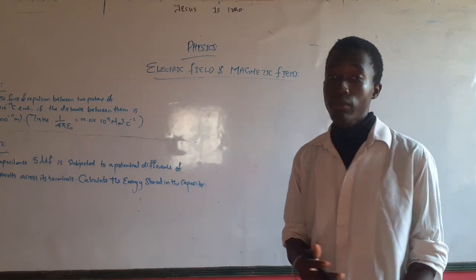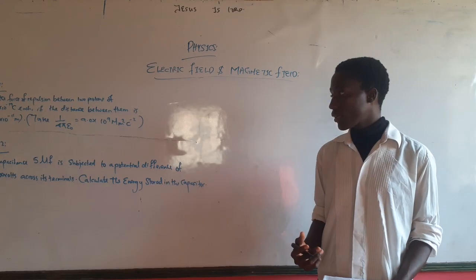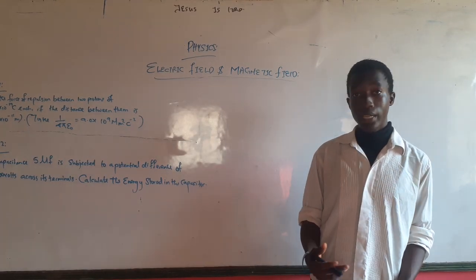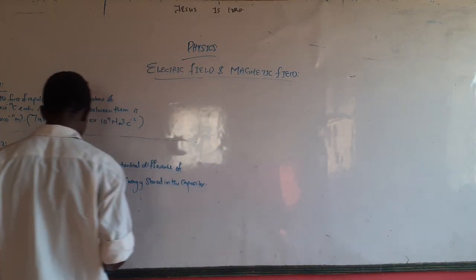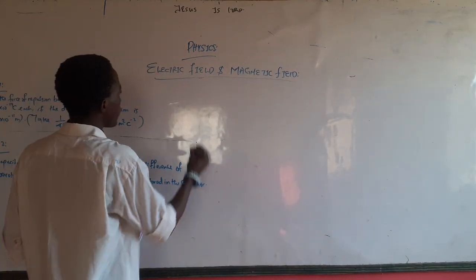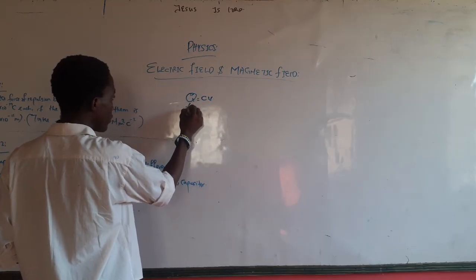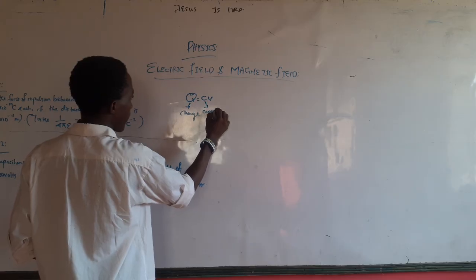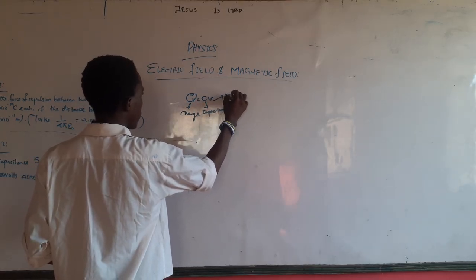There's a formula for energy stored in the capacitor, and a general formula to get the charge. The general formula is Q equals CV. This is the charge, this is the capacitance, and this is the potential difference.